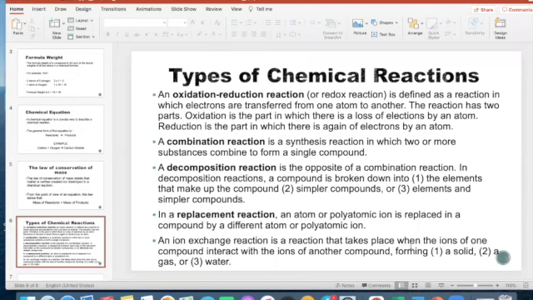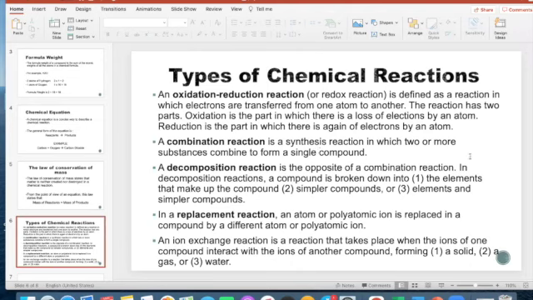All right, so there's different types of chemical reactions. We have oxidation reduction reaction, combination reaction, decomposition reaction, and replacement reaction. We have the oxidation reduction reaction, also called redox reaction.